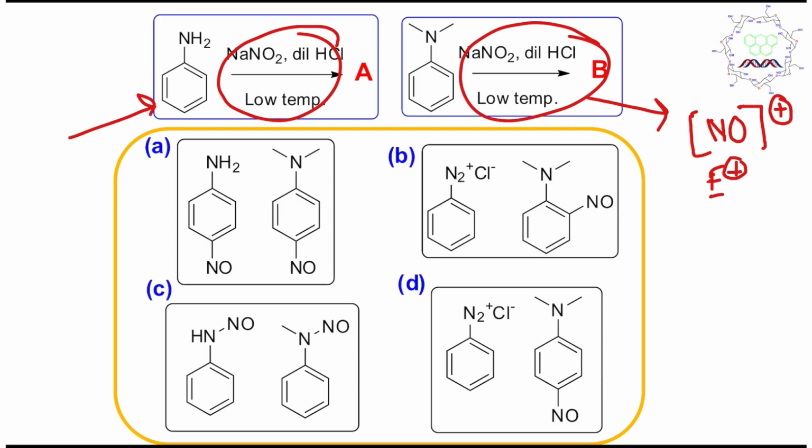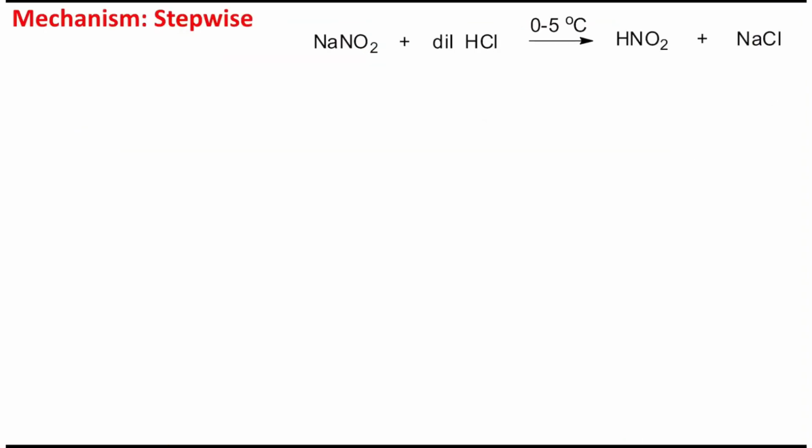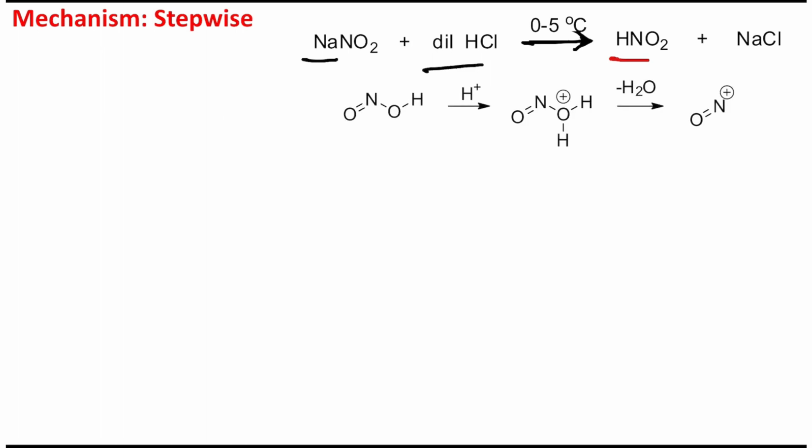So let's learn everything stepwise. First, how does this reaction happen? This NaNO2 first reacts with dilute HCl at low temperature. Student, this condition is very important, otherwise the HNO2 produced will be decomposed. So it produces this nitrous acid. In the subsequent stage, this nitrous acid in the presence of acid undergoes dehydration.